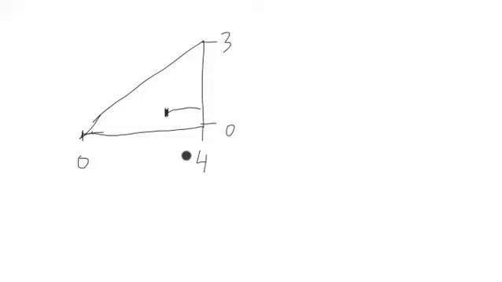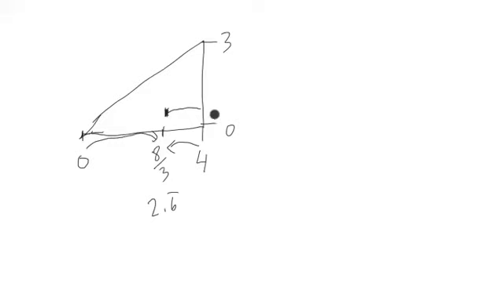So 2/3 times 4, so it'd be at 8/3, which is the same as 2 and 2/3, or 2.6 repeating. So 2.6 repeating will be the x bar here, and that's because this is 1/3 of the way into the shape from 4, which is the same as 2/3 of the way this way. So we just took 2/3 times 4 to get that.